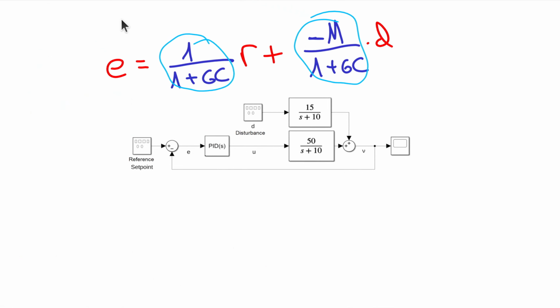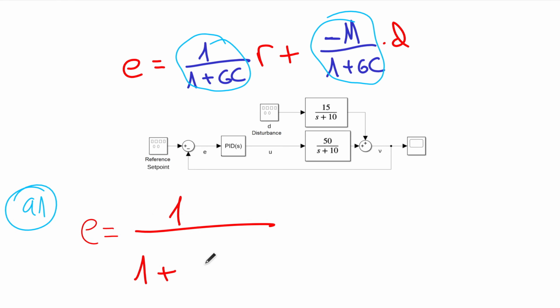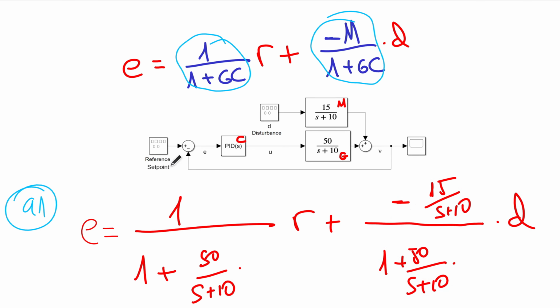So let us now replace the transfer functions and the controllers. So A1 was doing things with a proportional controller. Then the proportional controller is just putting here a KP, let's say.